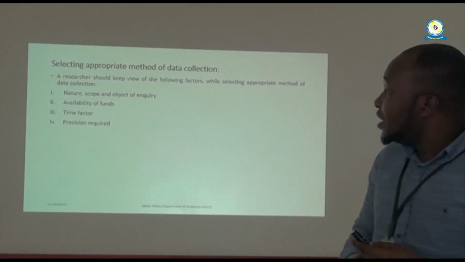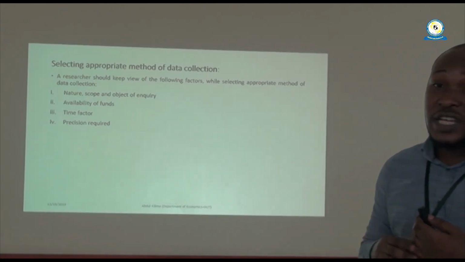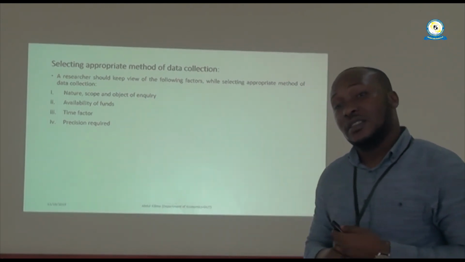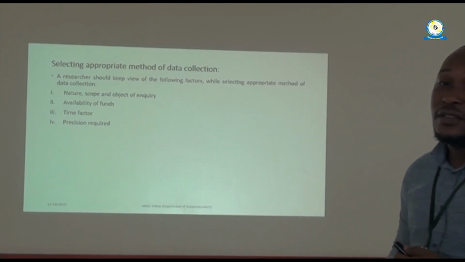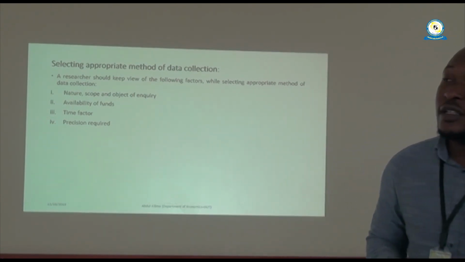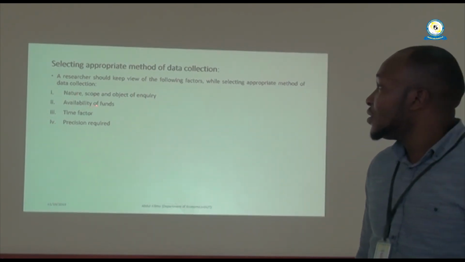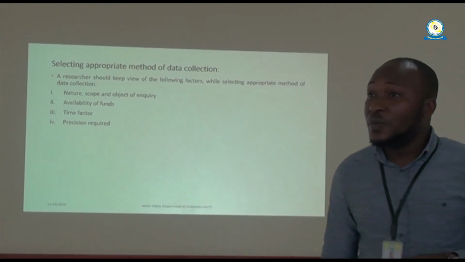Selecting the appropriate method of data collection. When you want to select the appropriate method of data collection, you consider several factors. The first one is the nature and scope of the inquiry. Nature: is it a quantitative study? Is it a qualitative study? What is the scope?